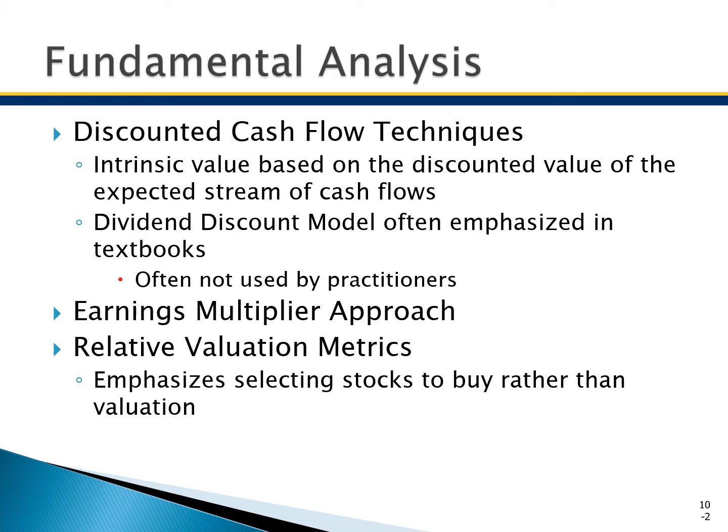Then multiply the estimated EPS by the price earning ratio that has been determined. The end result is an estimate of the intrinsic value of the stock, or the estimated value of the stock today. So this kind of approach can be used.